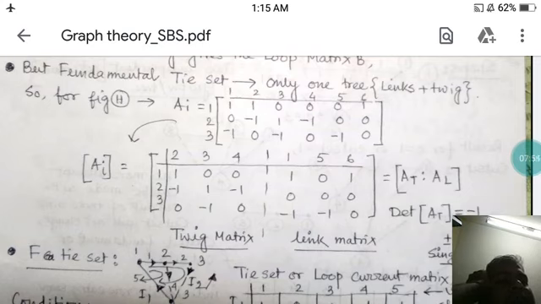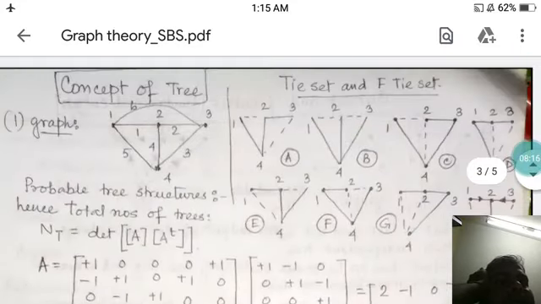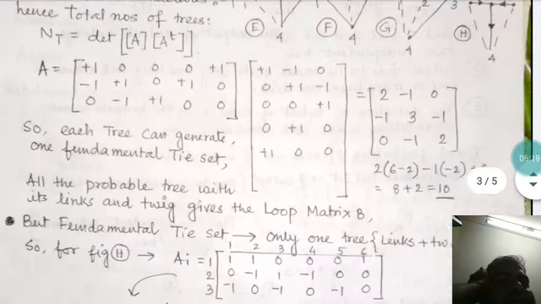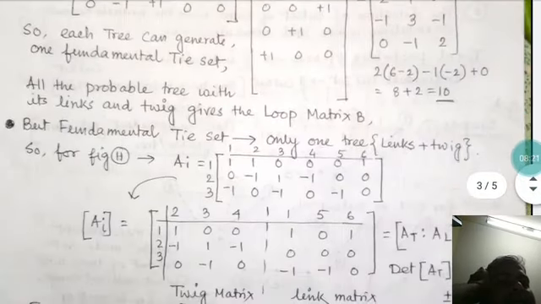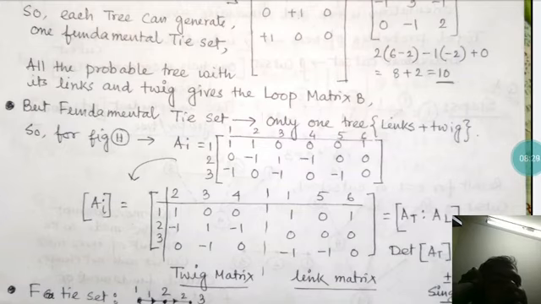So here if you are considering one tree, 1, 5 and 6, these 3 for this particular one, these are basically the links. If you are considering one tree, the tree branches are called the twigs. So obviously it is 2, 3, 4.